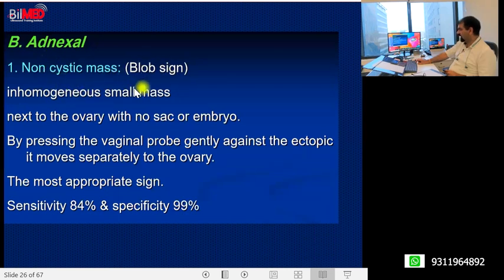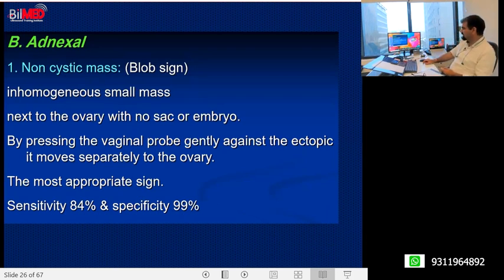This is called a blob sign. Non-cystic mass. Now, this non-cystic mass, if I press with my vaginal probe, I mean the TVS probe, it will move separately. Separately from what? From ovary. So that is called a sliding sign.